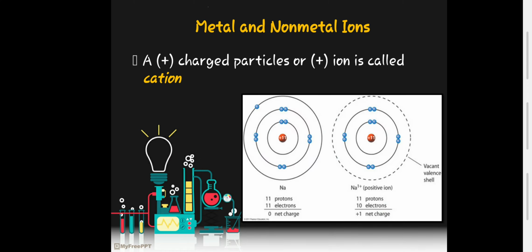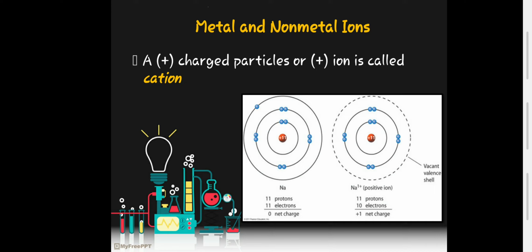Next slide. A positively charged particle, or positive ion, is called a cation. As I've said, for the types of ions, the positively charged one is called a cation. Let's take a look at the illustration. Sodium has 11 protons and 11 electrons.